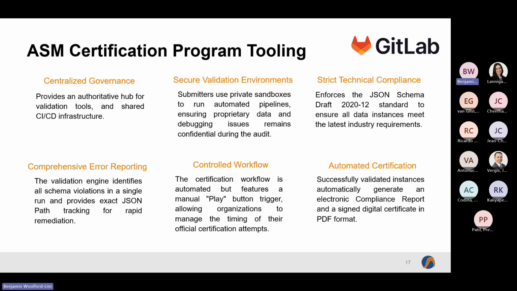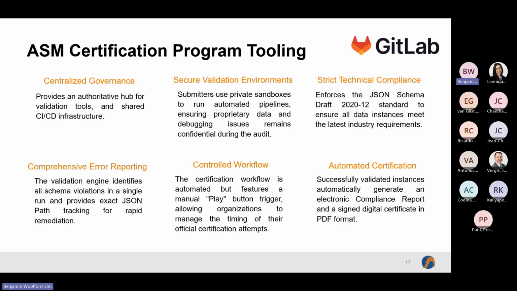So the tooling and the certification program as a whole aims to provide centralized governance infrastructure, a central hub for CI/CD tools and validation for your software. At the very least, this is how you can validate, and a central place to find that. In order to keep things secure, we are using private sandboxing, as said, the GitLab private repositories, to make sure that data doesn't leak outside.